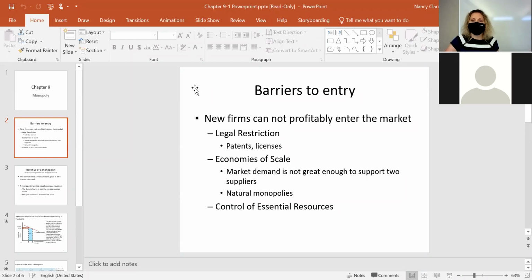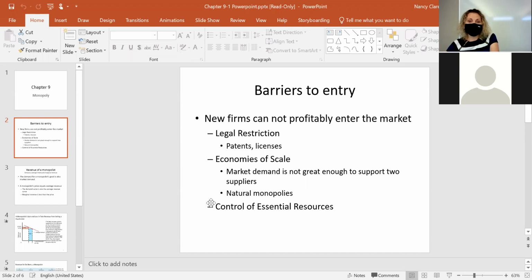Obviously, one of the most common is patents and licensing. The number of patents in this country is really phenomenal. And those patents last for decades, which keeps this insulation of the firm active for decades.